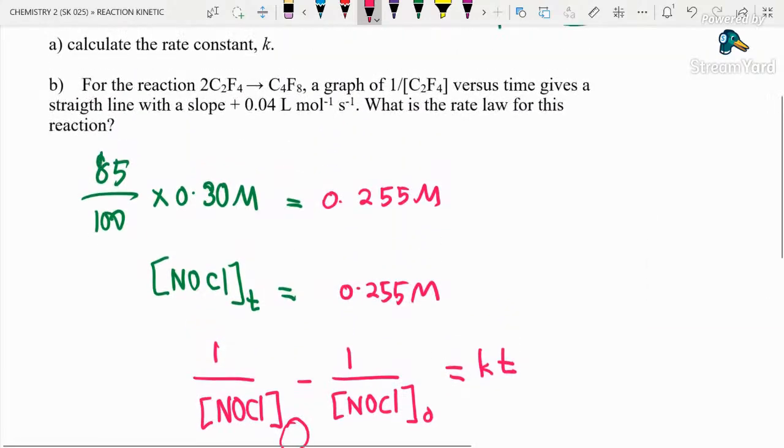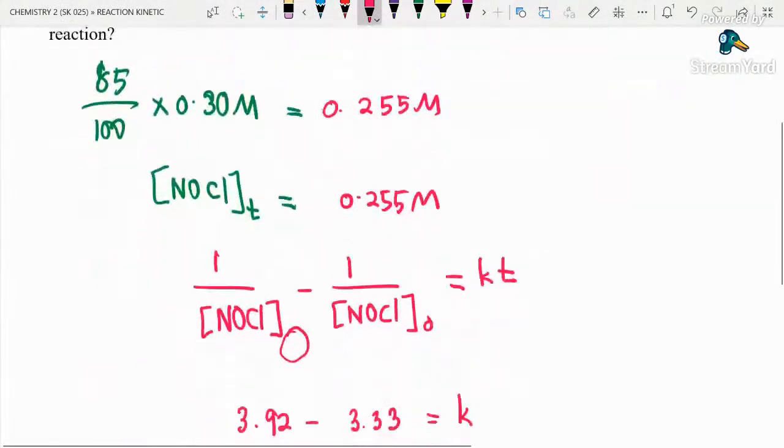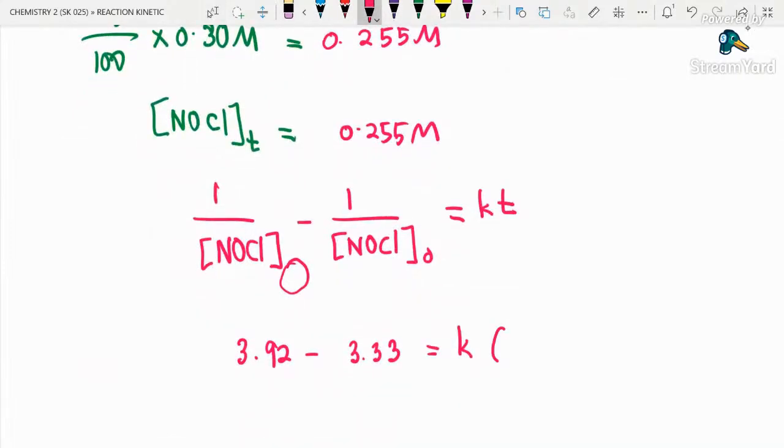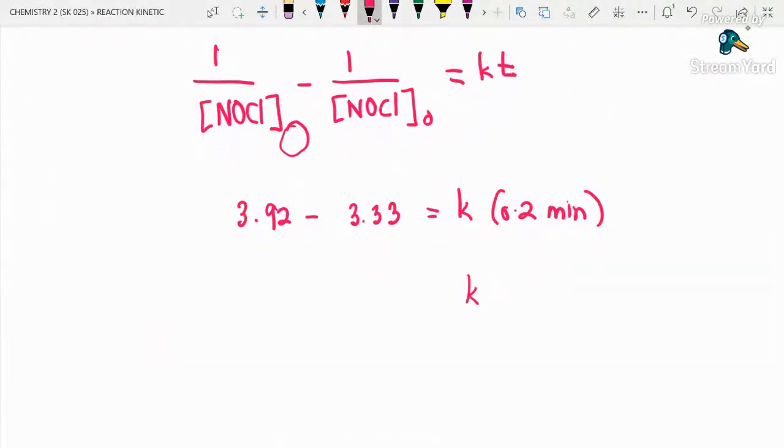T dia berapa? 0.2. Minit ke? Okey, so okey. 2.95. This is what I get, 2.95.